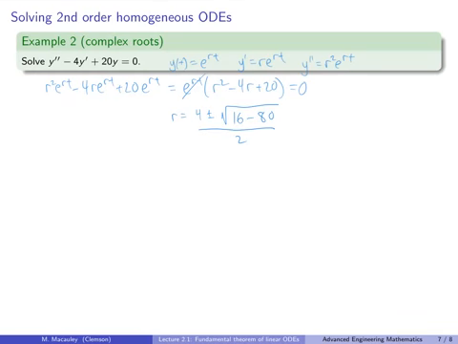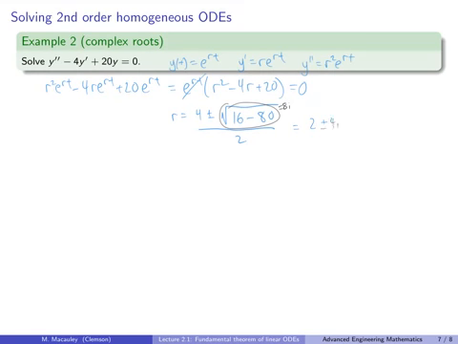So this thing here, that's the square root of negative 64, that's equal to 8i. So this is 4 over 2, 2, plus or minus 4i. So this is 2 plus or minus 4i.